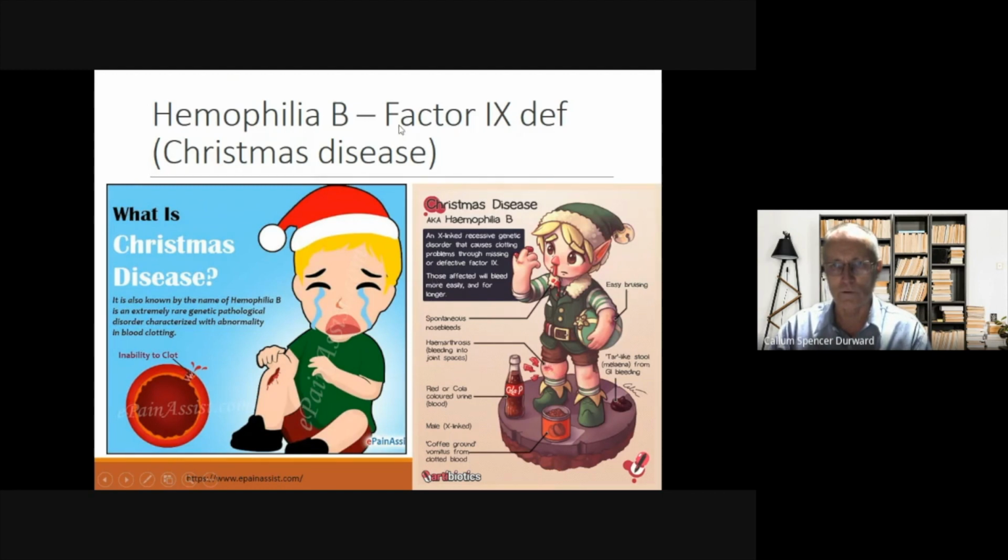Hemophilia B, or factor IX deficiency, is also called Christmas disease. They bleed in a similar way to hemophilia A patients. However, their condition may be, in many cases, less severe.